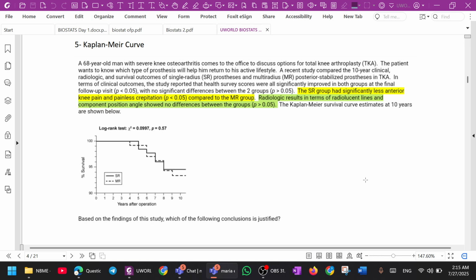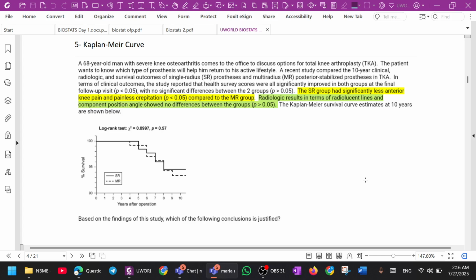A 68-year-old man with severe knee osteoarthritis comes to the office to discuss options for total knee arthroplasty. The patient wants to know which type of prosthesis will help him return to an active lifestyle.